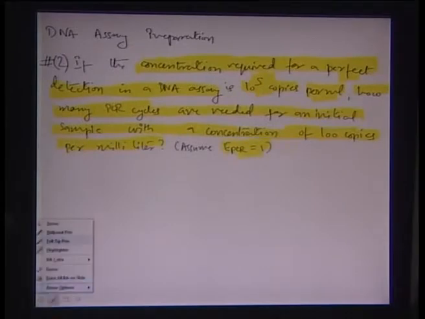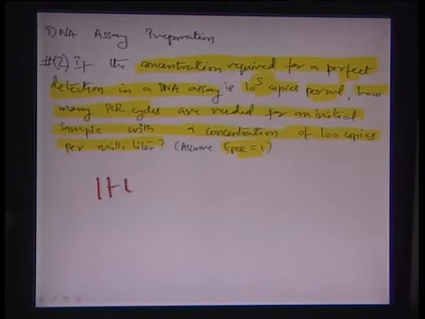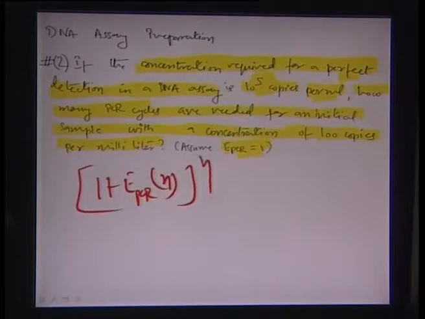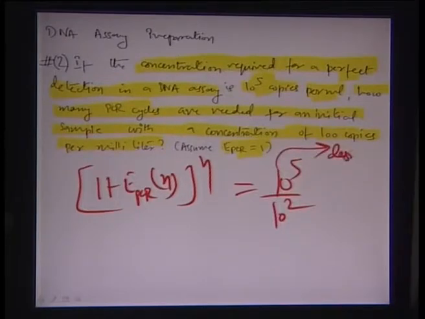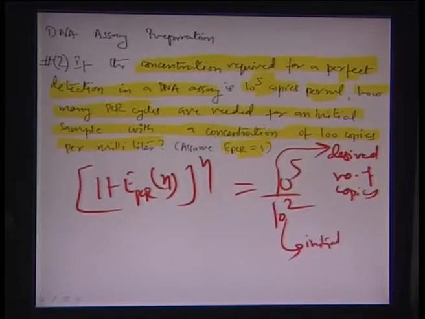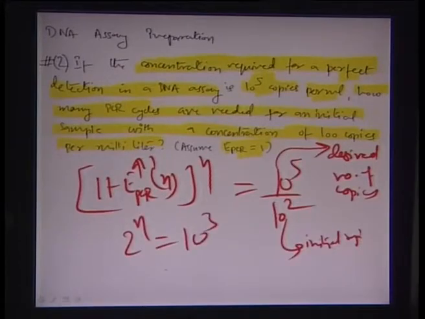So we write down this equation: (1 plus E_PCR as a function of n) to the power n is essentially 10 to the power 5 by 10 to the power 2. 10 to the power 5 is the desired number of copies at the end of the PCR process, and this is the initial sample, E_PCR being 1. So this happens to be about 1000, and therefore n can be accordingly determined.